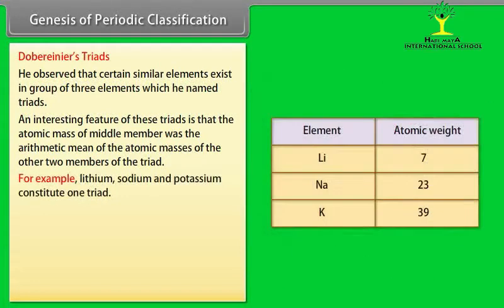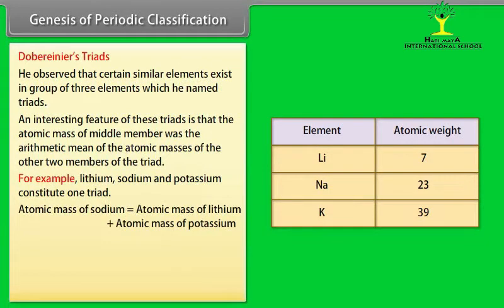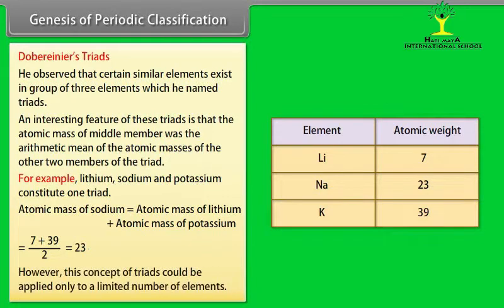For example, lithium, sodium and potassium constitute one triad. Atomic mass of sodium is equal to the atomic mass of lithium plus the atomic mass of potassium divided by 2, which is (7 + 39)/2 = 23. However, this concept of triads could be applied only to a limited number of elements.